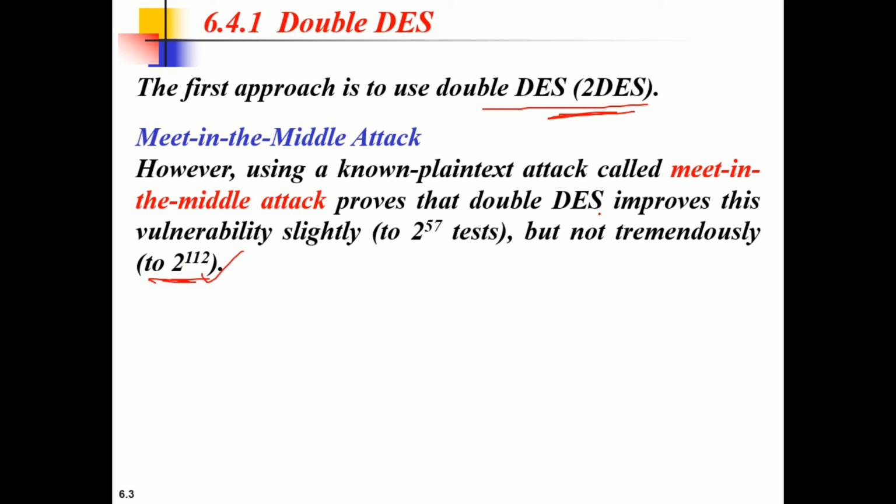But there is one kind of attack, which is the meet in the middle attack, which proved that double DES improves its vulnerability only to 2 raised to 57 tests. It does not improve its vulnerability to 2 raised to 112 times.